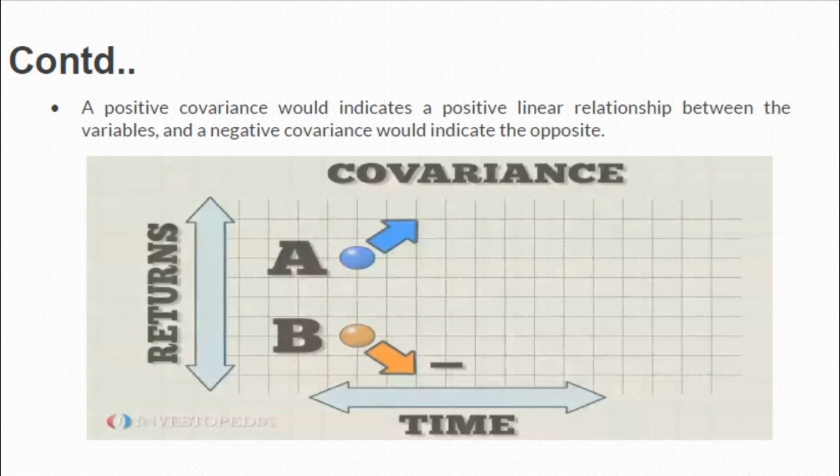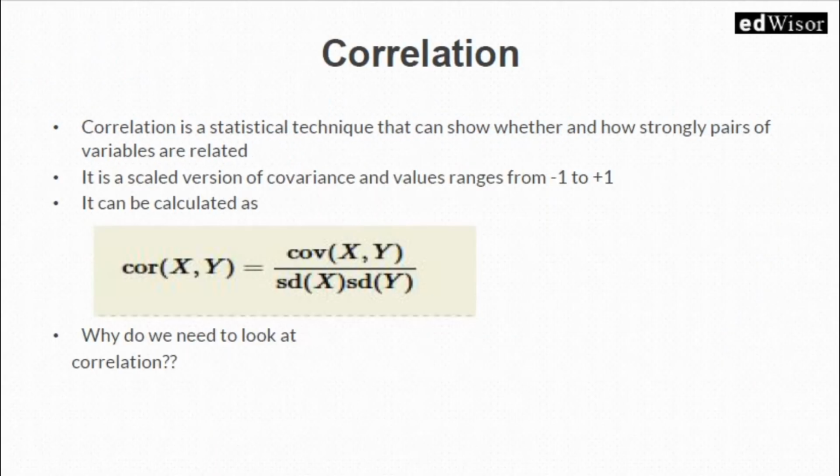Let us understand what correlation is, which is very similar to covariance. Correlation is a scaled version of covariance. It tells us the dependency between two independent variables, how strongly they are related with each other.